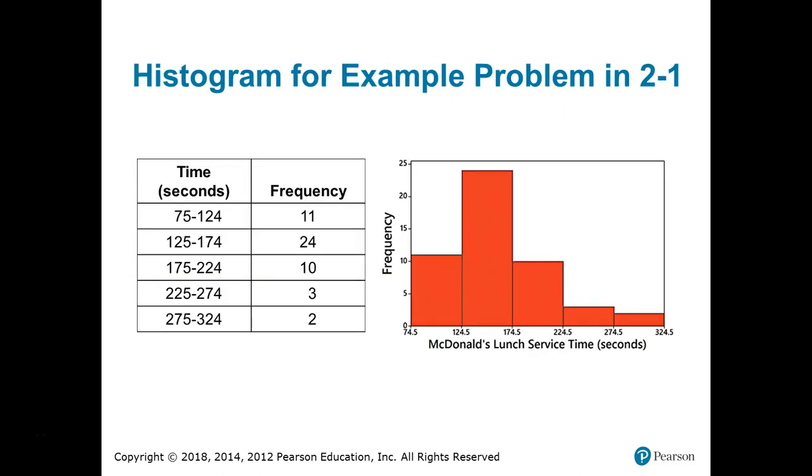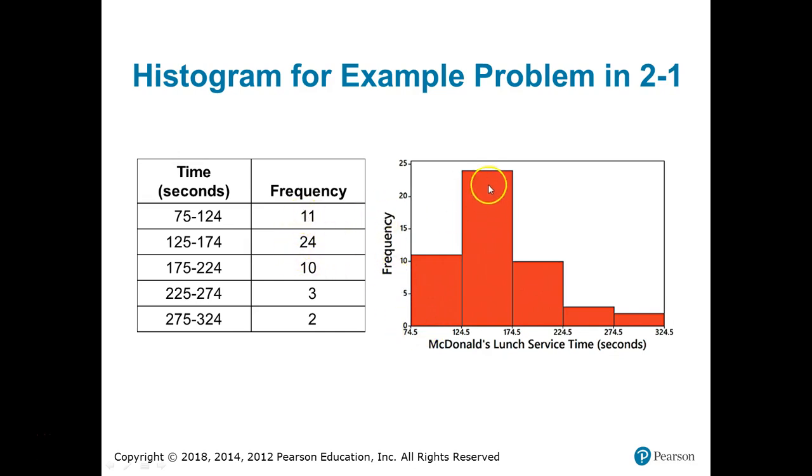Okay, so this is the example that we did in Chapter 2, Section 1 with the McDonald's lunch service times. So we created this table in Section 2.1. But instead of just looking at the frequency distribution table, now we're going to plot this on a histogram. So each of the 5 classes represents one of these bars, equal length, and then the y-axis is going to be the frequency.